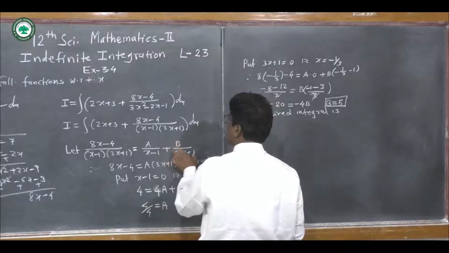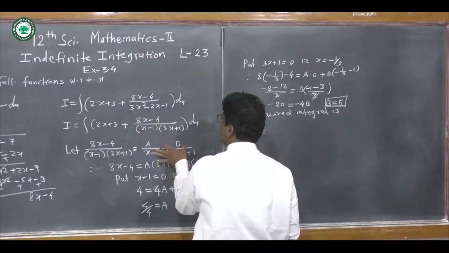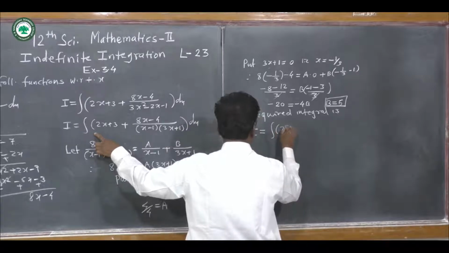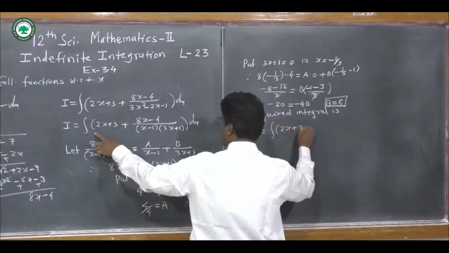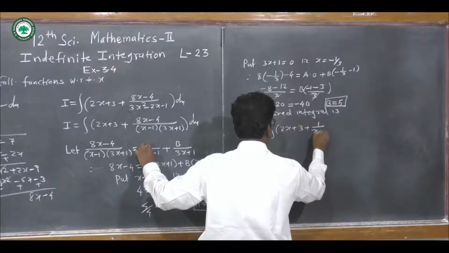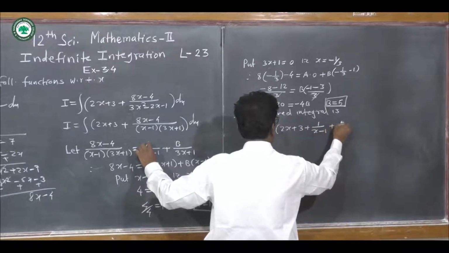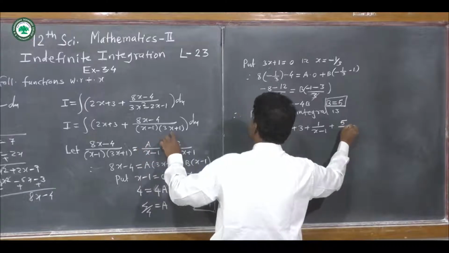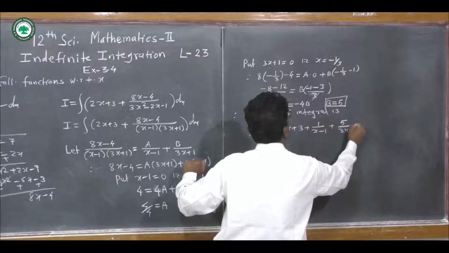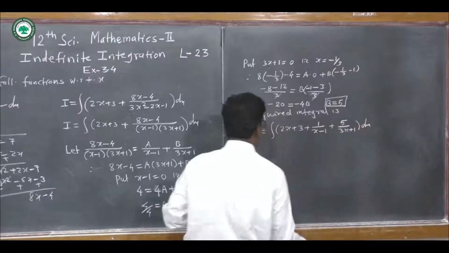So 5 upon 3x plus 1, and replace this by this. So we get I is equal to integration of 2 plus 3 plus a upon x minus 1, a is 1, so 1 upon x minus 1 plus b, b is 5, upon 3x plus 1, dx. Now separate the integration.